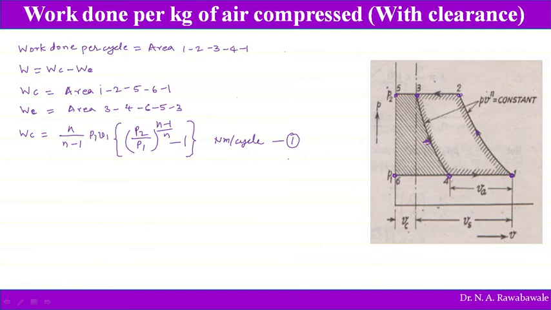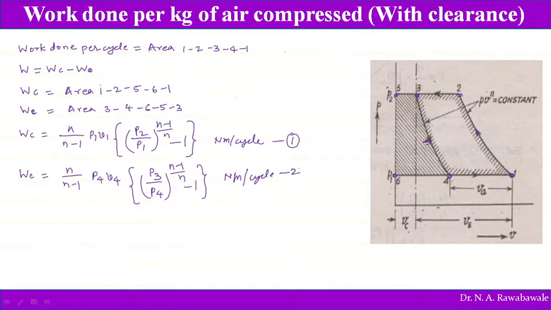Now work done during expansion can be given by n divided by n minus 1 P4 V4 [(P3 divided by P4) to the power of (n minus 1) divided by n minus 1] Newton meter per cycle.